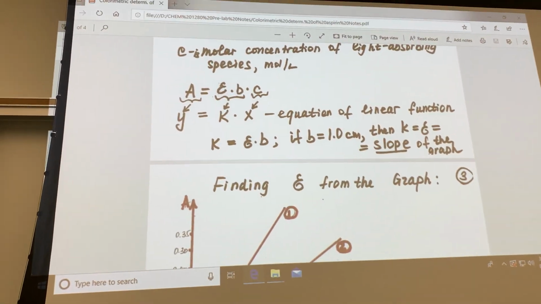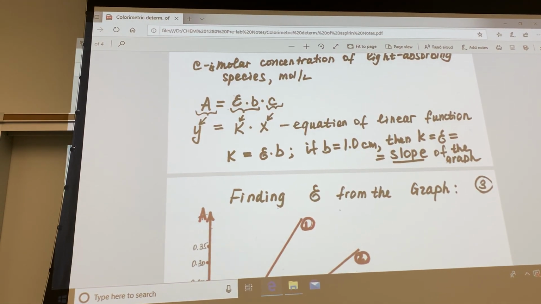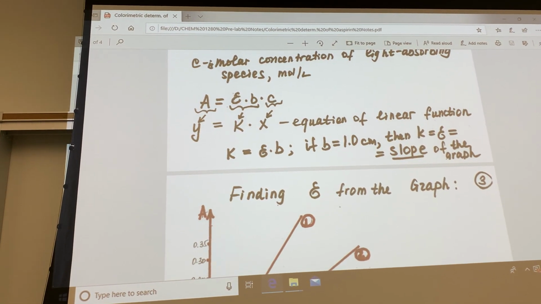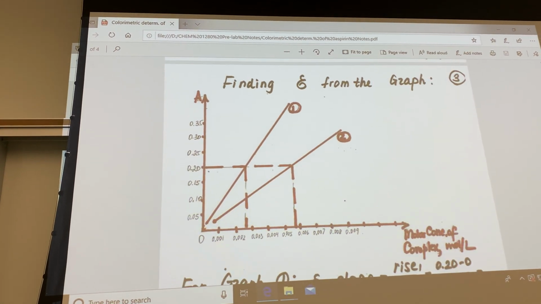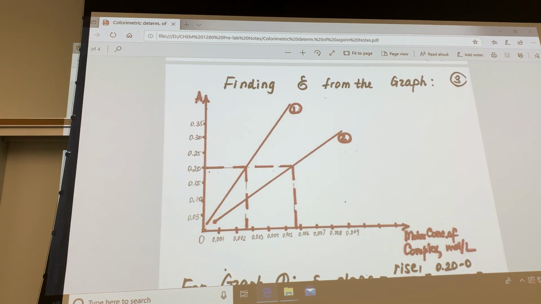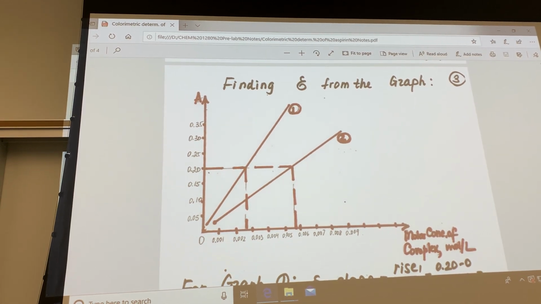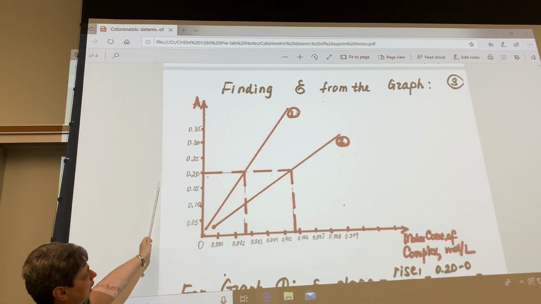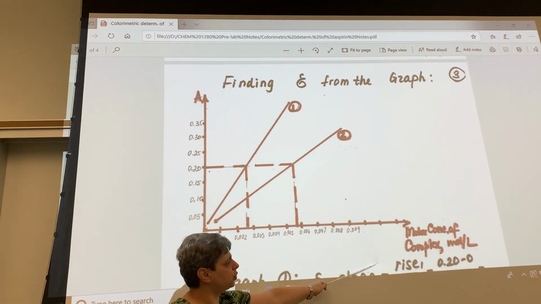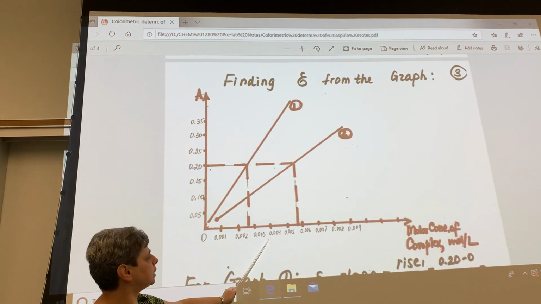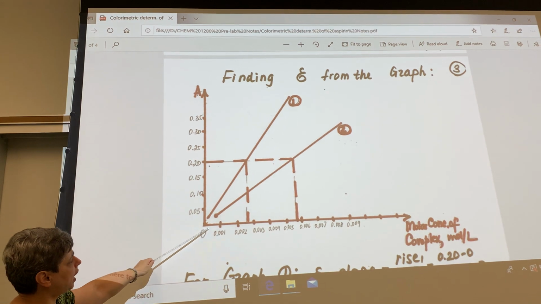So in this next diagram, I'm showing two potential, or hypothetical, I should say, Beer's law graphs. I have absorbance on y, I have molar concentration in moles per liter on x, and I have two graphs.